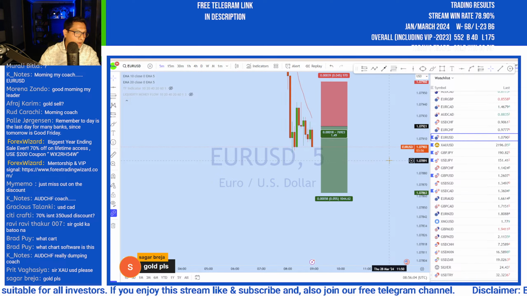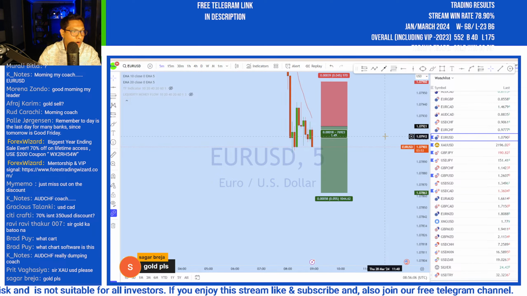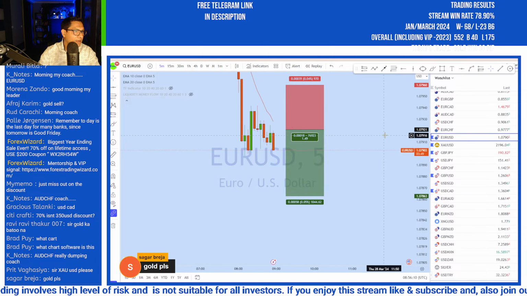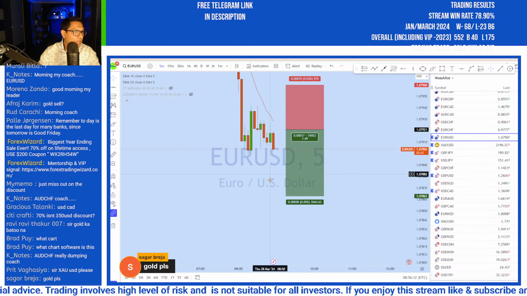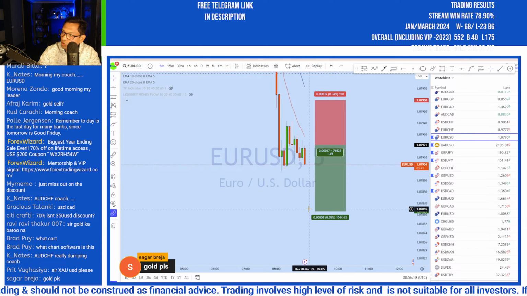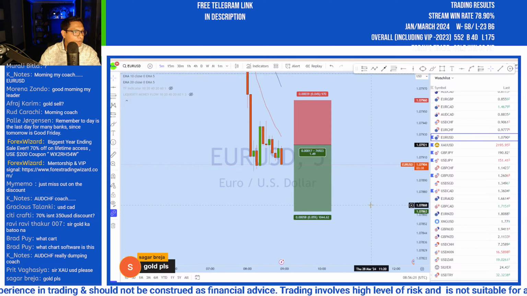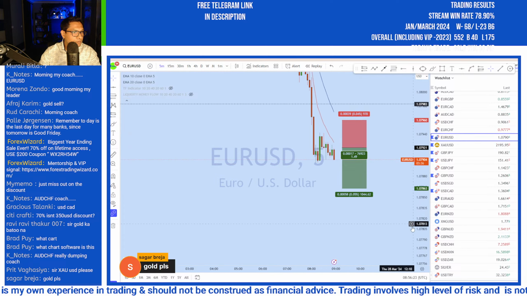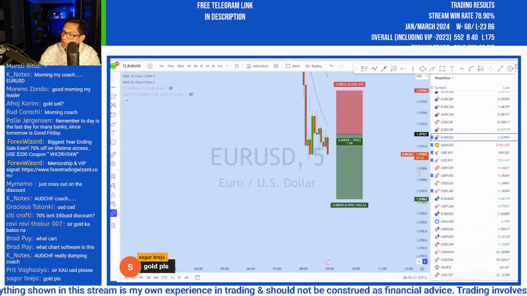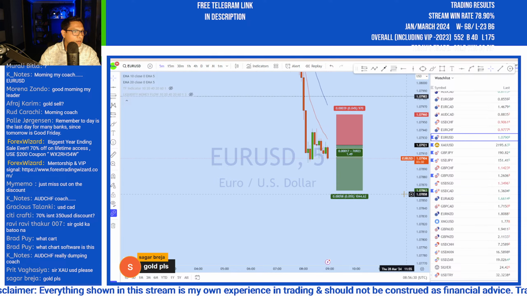Because I would like to close this trade before the 4-hour candle close, because with the candle close we might see a spike here, a bit of a pullback. But before that I would like to see that the market has dropped to go to the entry and to go to the profit zone. So I have entered into the profit at the moment.